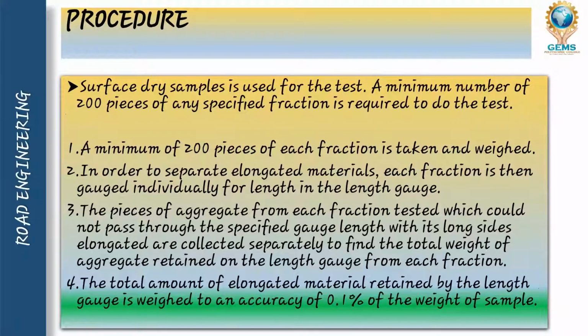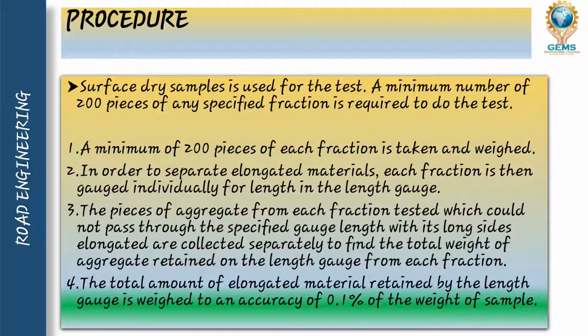The procedure of the elongation test is that a surface dried sample is used, and a minimum of 200 pieces of any specified fraction is required to be tested. As we have seen in the flakiness test, we follow the same procedure, passing the aggregate through the elongation gauge, which will measure the length of the aggregates.